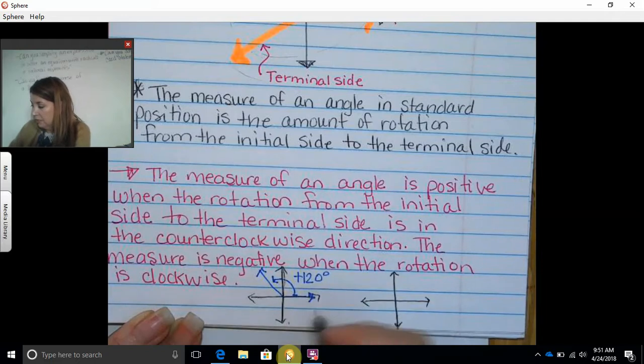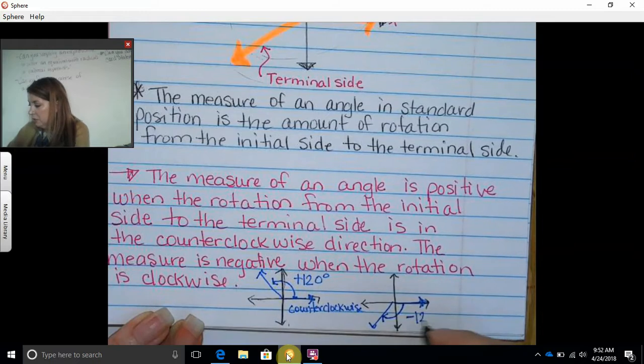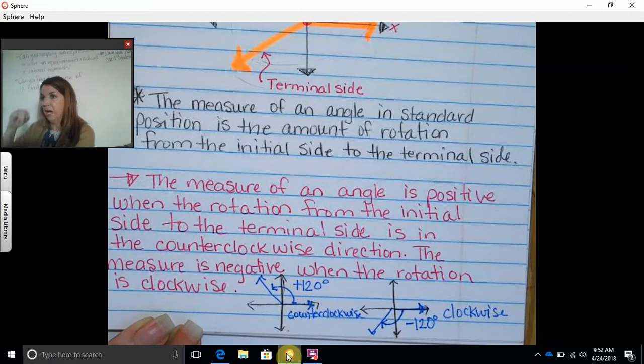That's counterclockwise. Y'all know what that means, right? And your initial side's always going to be in the same place, on the positive x-axis. And then if we went clockwise, so my rotation is clockwise, that gives me negative 120 degrees. So it just depends on which way you're rotating, as to whether it's positive or negative.